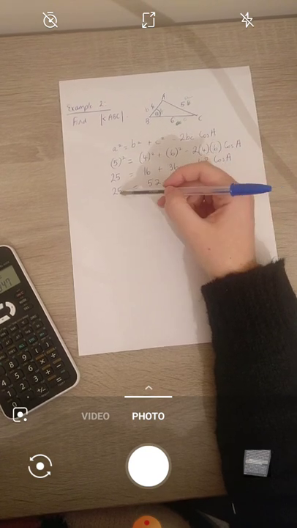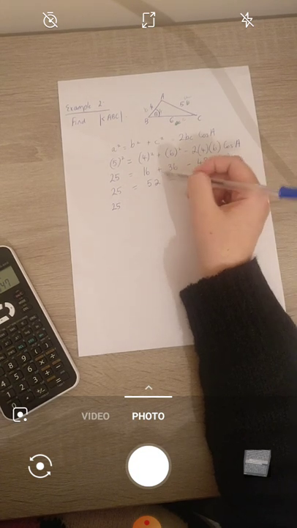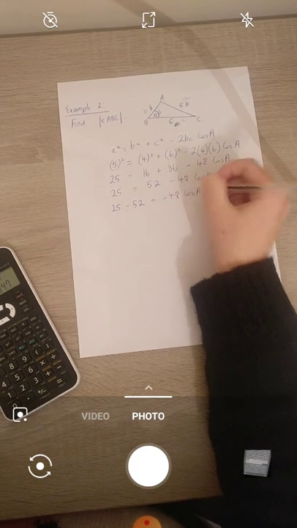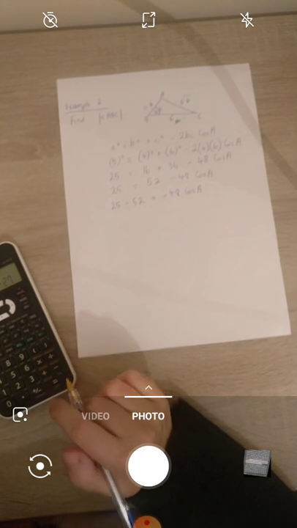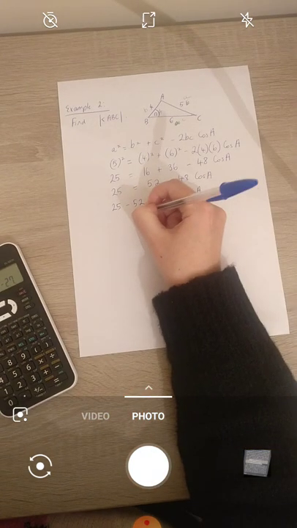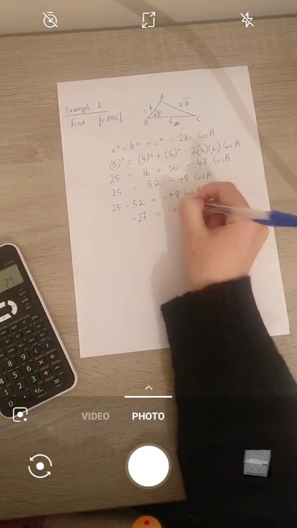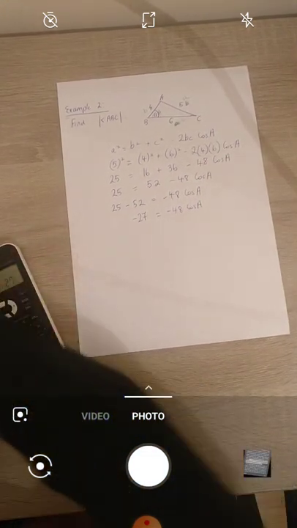So when we have 25 on the left, we're going to bring plus 52 over to the other side, and it's going to become minus 52, and we're leaving minus 48 times cos of A here on the right hand side. So when we have 25 minus 52, we have minus 27 on the left equals minus 48 cos of A. Okay.